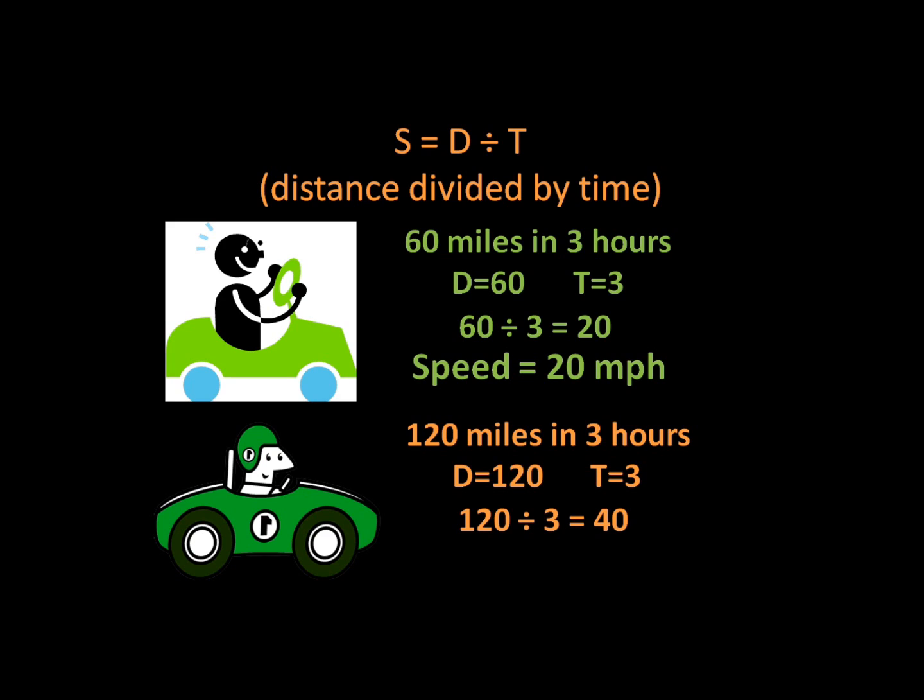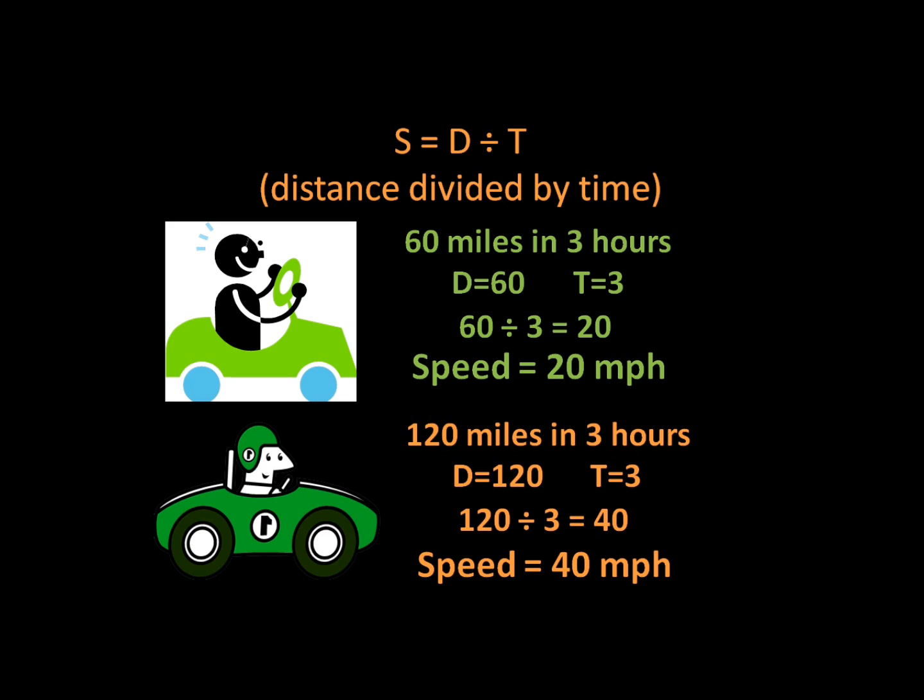Look at the units. We measured the distance in miles and measured the time in hours. So the average speed of the fast car was 40 miles per hour. This means that the car traveled at an average speed of 40 miles every hour, so that after 3 hours, it had traveled 120 miles.